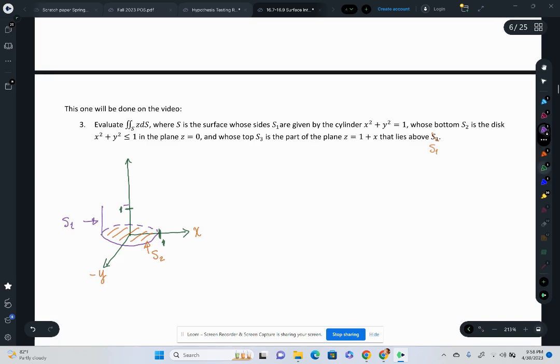Okay. I have this plane right here. Z equals 1 plus x has intercepts on the z-axis at 1 and on the x-axis at 1. Is that right?